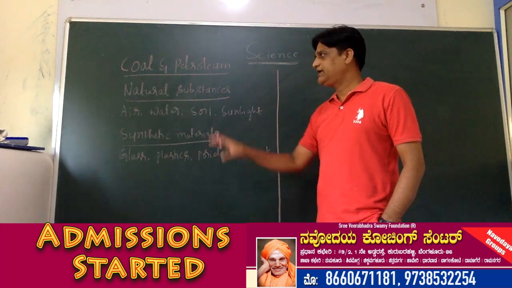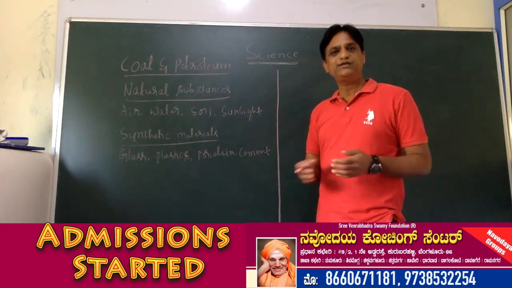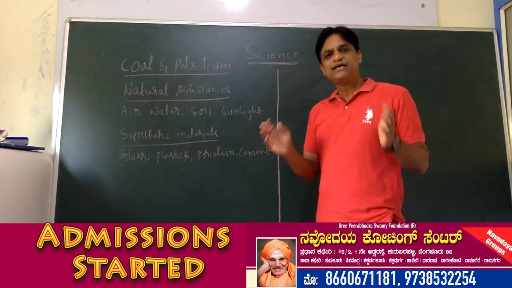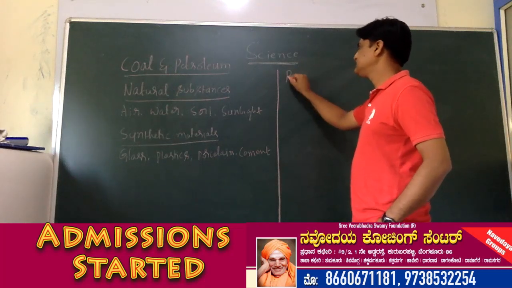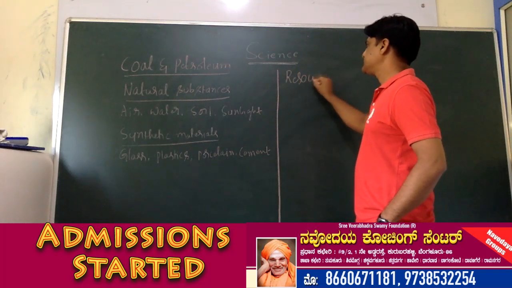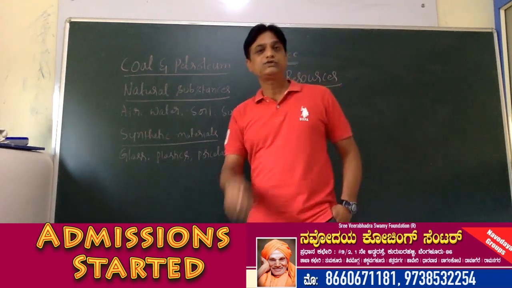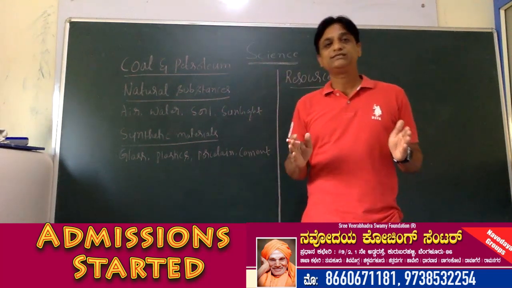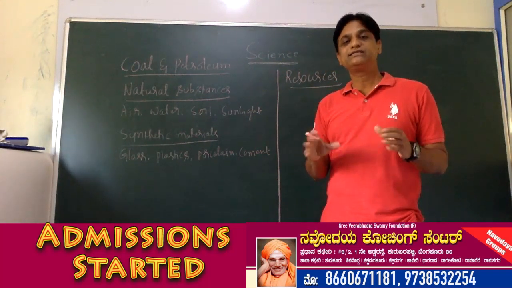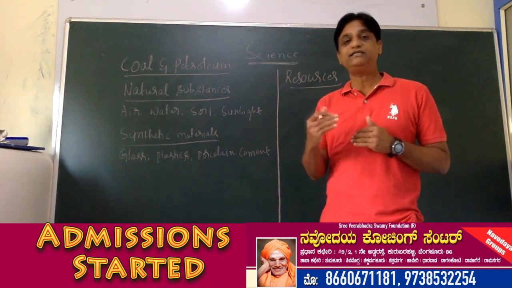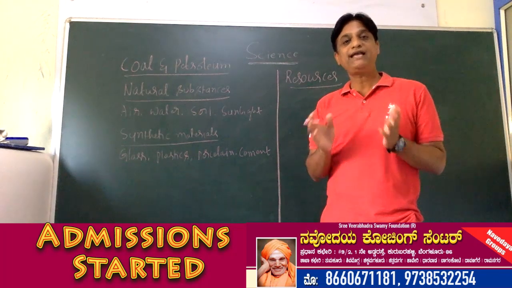Okay. And when we consider all the substances that we are using, some substances are called resources. So what is a resource? Resources are materials that are available in plenty and that are useful for mankind.